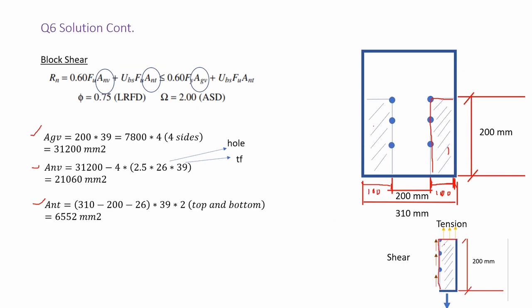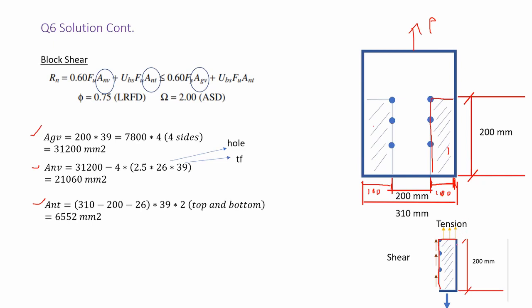Now you have to consider that since this is your force P, whatever you have parallel to the force is considered to be shear. And it has to be parallel also to the section. And if it was parallel to the force, but perpendicular to the section, that is the tension force. So this is where you decide where is the tension, where is the shear.